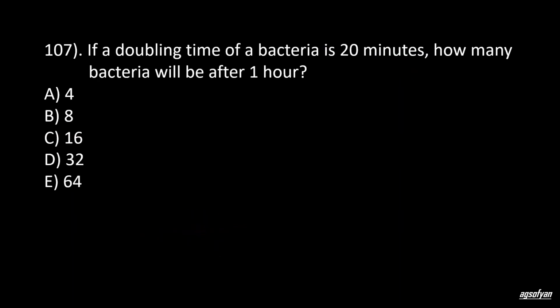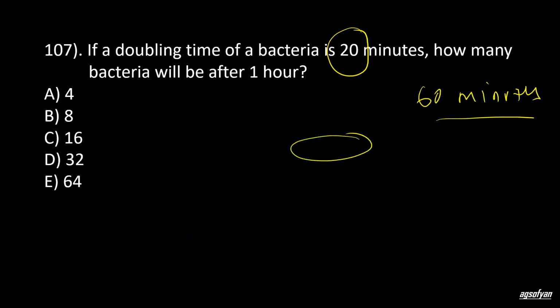Now if the doubling time of bacteria is 20 minutes, how many bacteria will there be after 1 hour? So 1 hour is equal to 60 minutes, right? The bacteria has a 20 minute doubling time, so every 20 minutes the bacteria double.